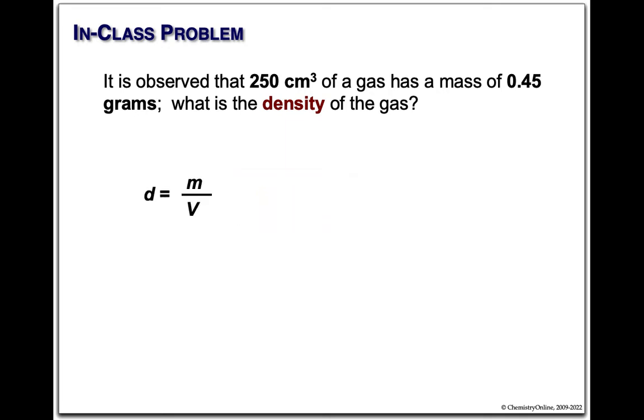Our mass is 0.45 grams. Our volume is 250 cubic centimeters. To get the density, all you have to do is a simple division, 0.0018 grams per cubic centimeter. That's simple.